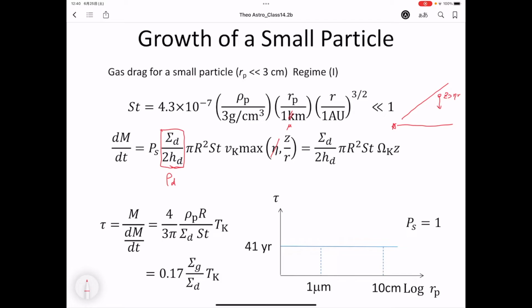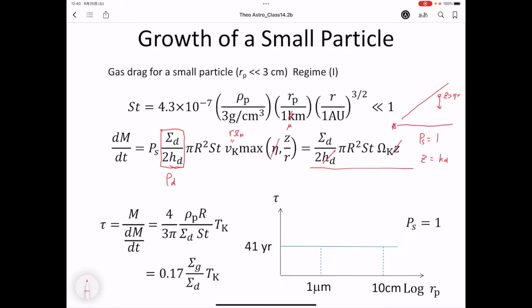Then v sub k is r omega sub k. And then we could write the equation of sigma sub d over 2h_d times pi r squared St times omega sub k g. So we use a sticking probability p sub s equal to 1. If g is, the position of the solid particle is nearly equal to the scale height of the dust-rich layer h sub d, we can actually cancel these factors.